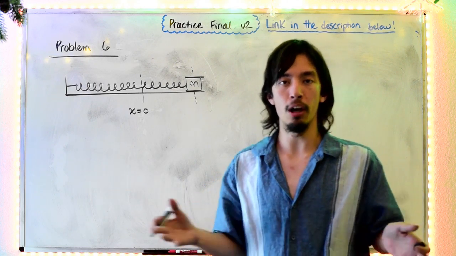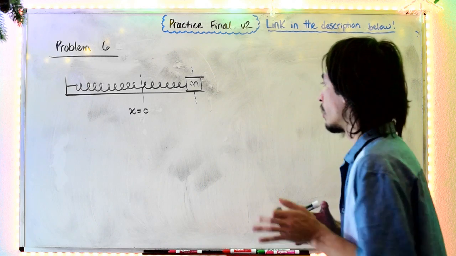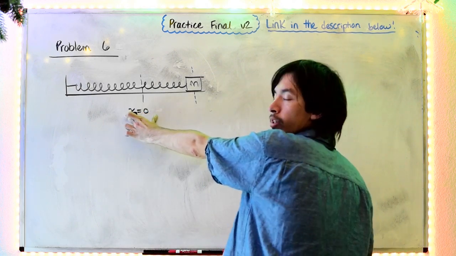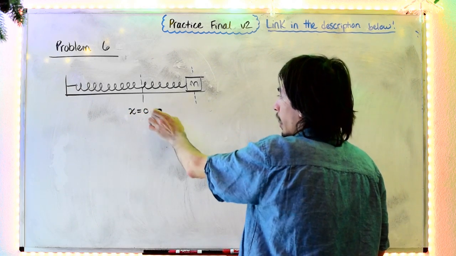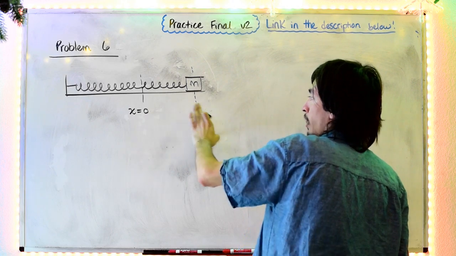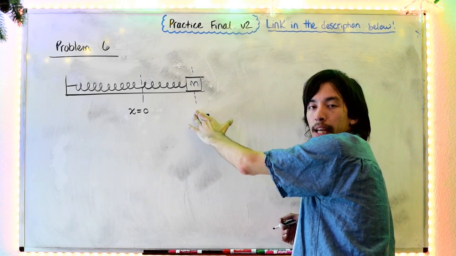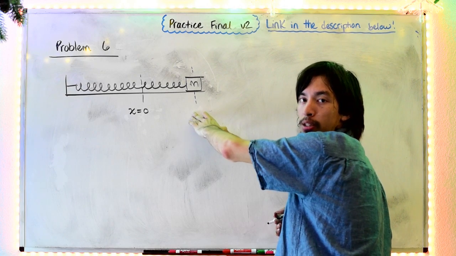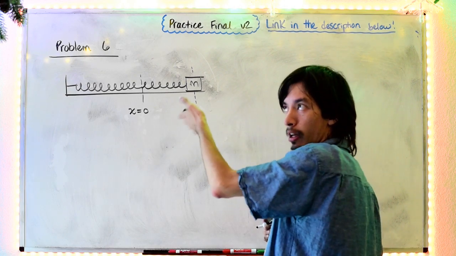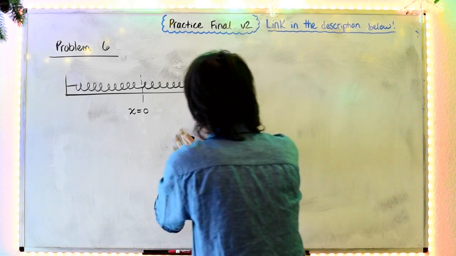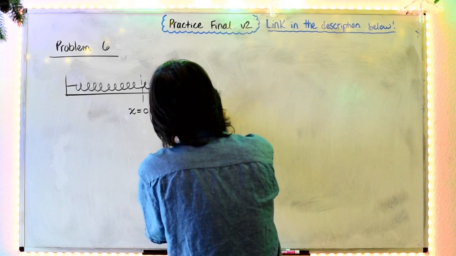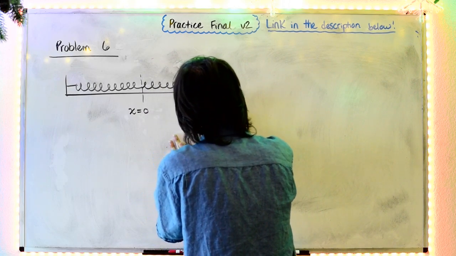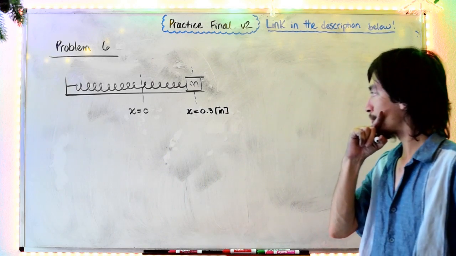How much did you elongate it or compress it? So here, no stretch, no compression. Its initial length was 50 though. Now here, the new length is 80, but that means we've elongated it by 30 centimeters. So x is 0.3 meters.